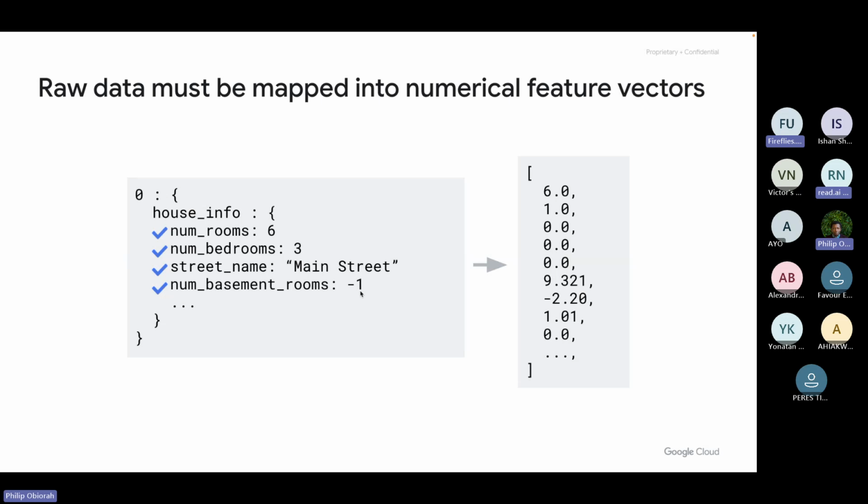Is that right? You see that there's an error there. The goal here is that all this information is being converted to what? Numbers.